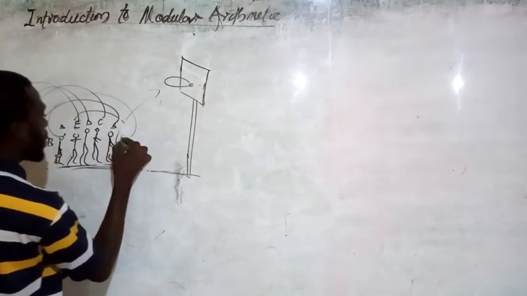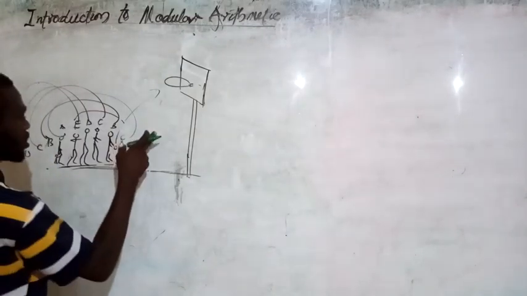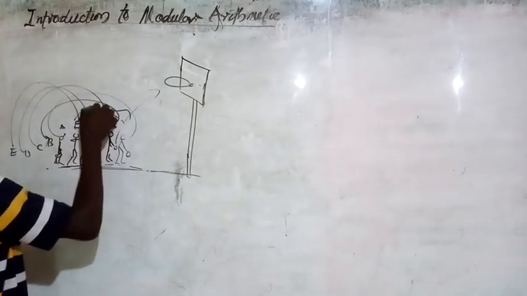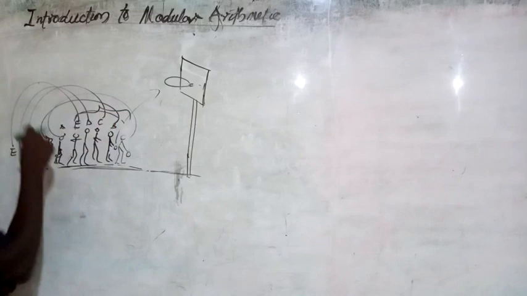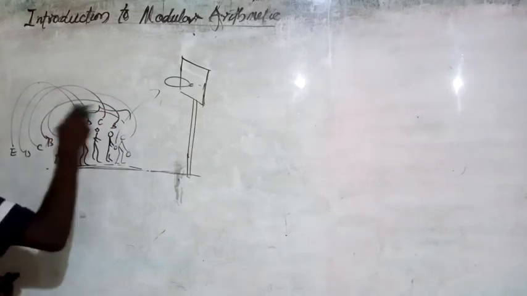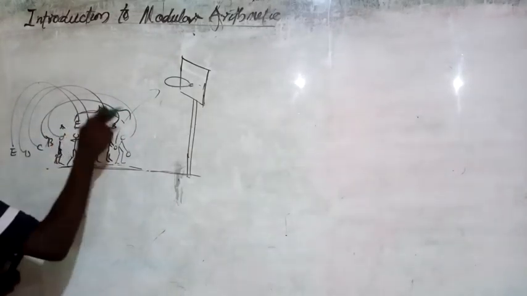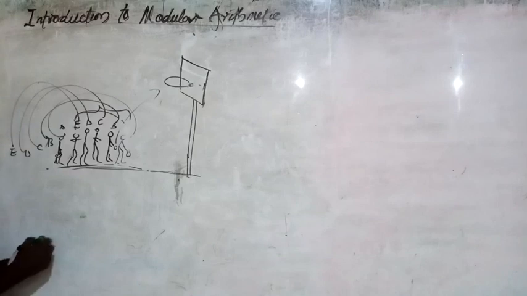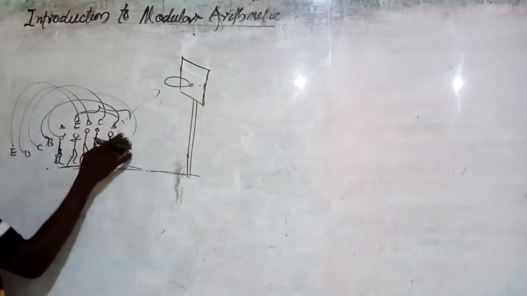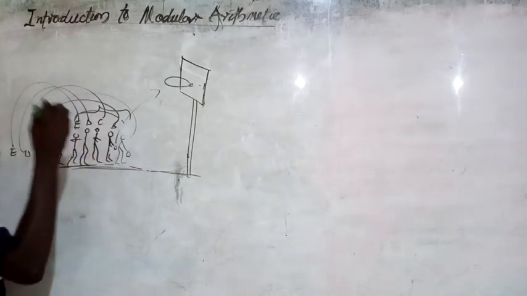When hooper A takes the ball and launches, he's going to go and reset. So after every 5 persons here, we reset to A. The number at which we reset, the number at which A reoccurs, is what we call the modulus.